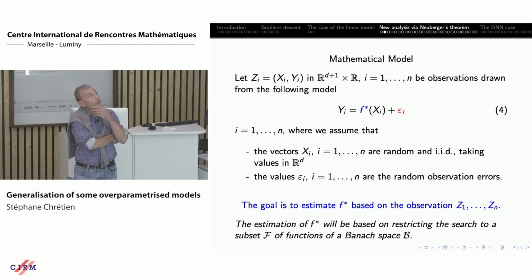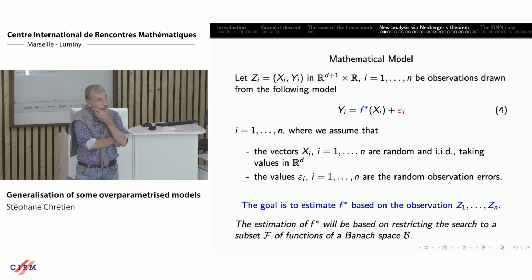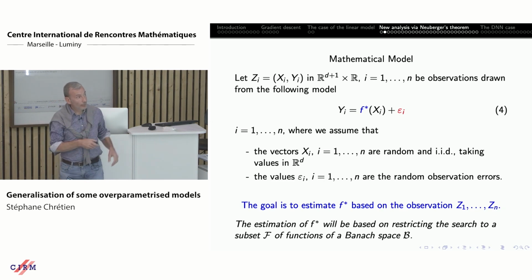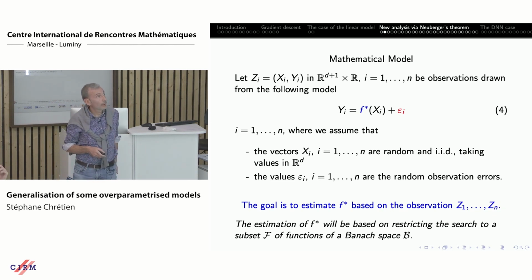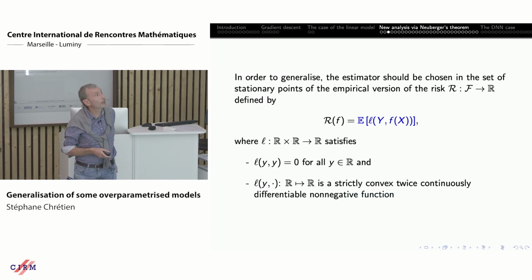You have observations y that are a function of the inputs xi plus noise, and we'll assume that the observations are random and IID, and we'll make some more assumptions later on. So the goal is to estimate f star from the observations.